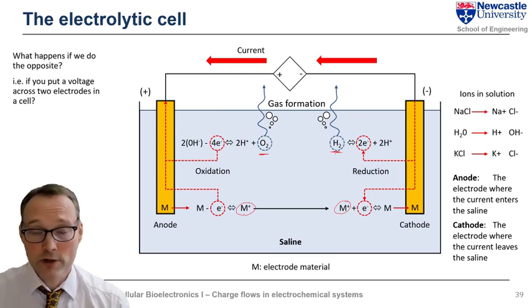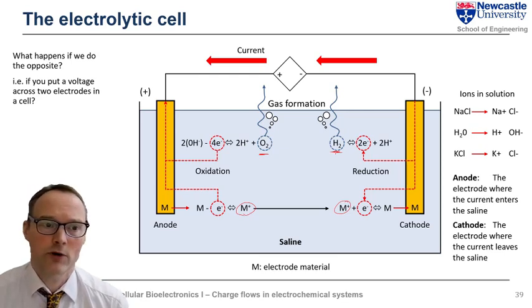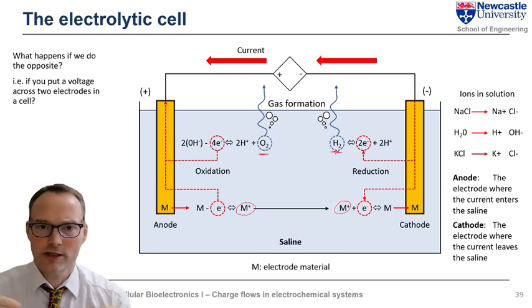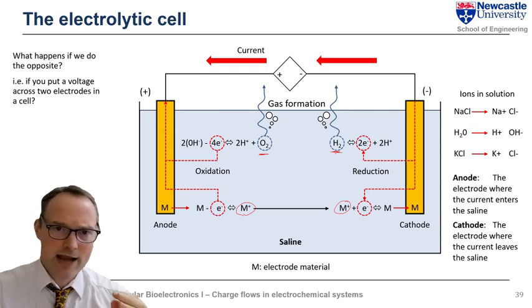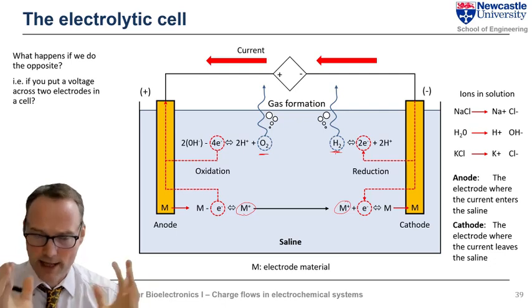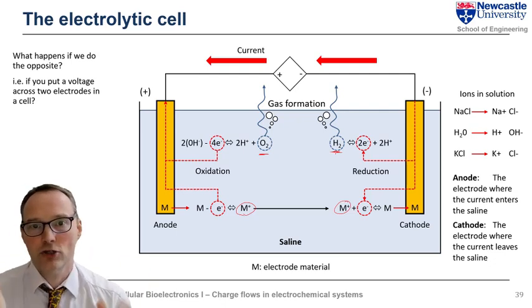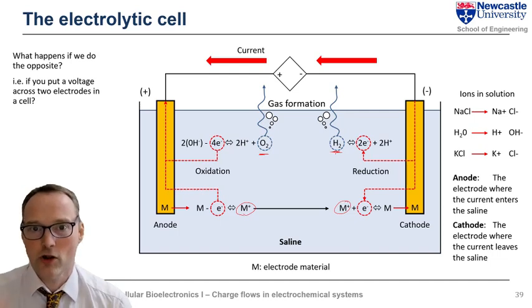So the important concept here that I want you to take away is that we shouldn't think of current and voltage as something related only to electrons moving through metals. That's true, but it can also be related to charges moving through salty waters.